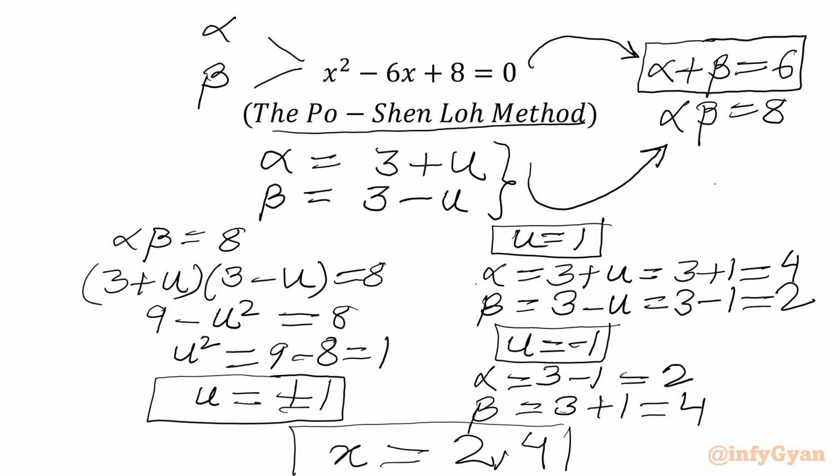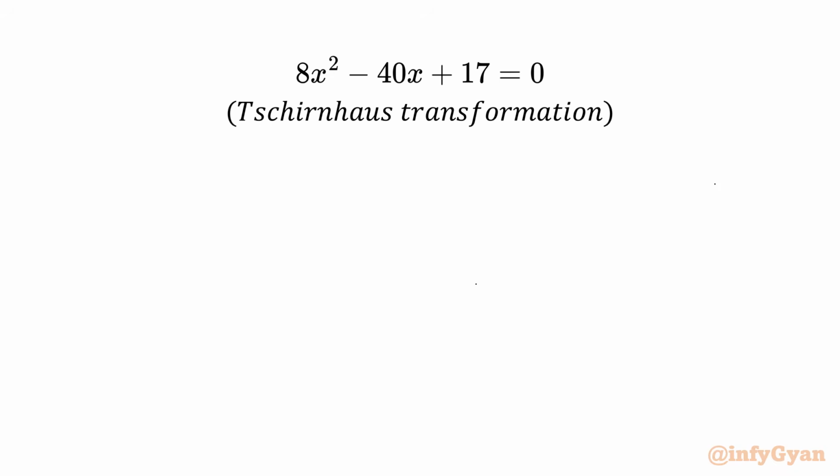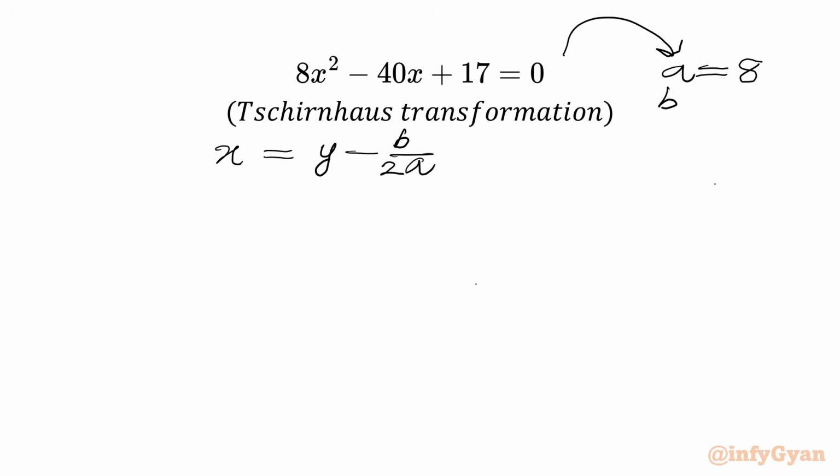Now we have the next equation. Here our roots are irrational. We will follow the same steps. Let's use the substitution formula first. x equal to y minus b over 2a. As per our equation, a is 8, b is minus 40.